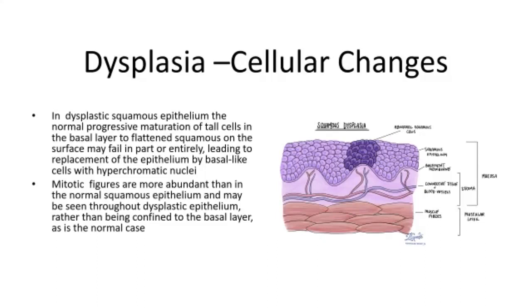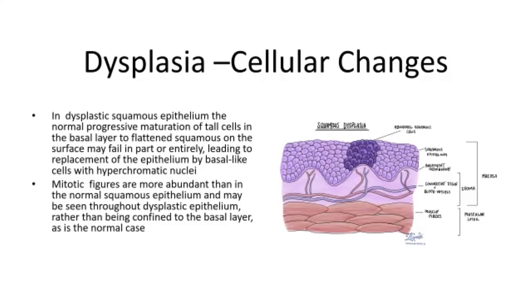In dysplastic squamous epithelium, the normal progressive maturation of tall cells in the basal layer to flattened layers may fail in part or entirely, leading to replacement of epithelium by basal-like cells with hyperchromatic nuclei. Dysplastic cells do have certain resemblances to malignant cells. In fact, genetically, most of the genetic changes also happen in dysplastic cells.